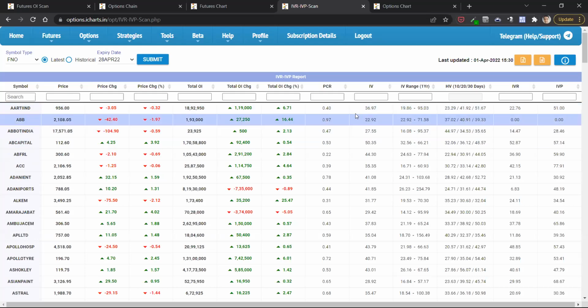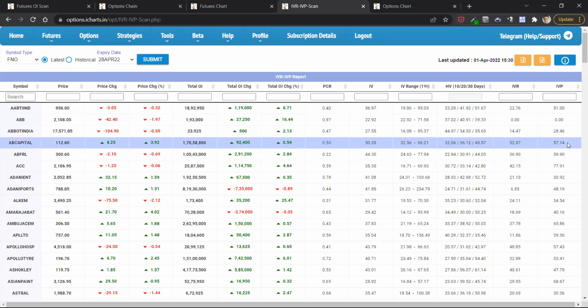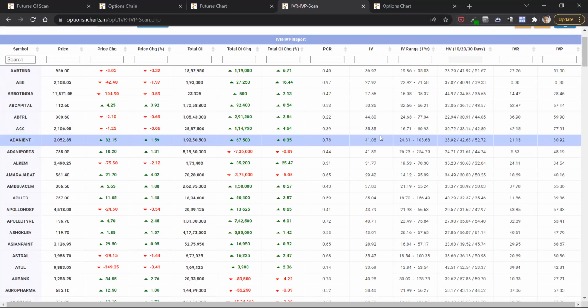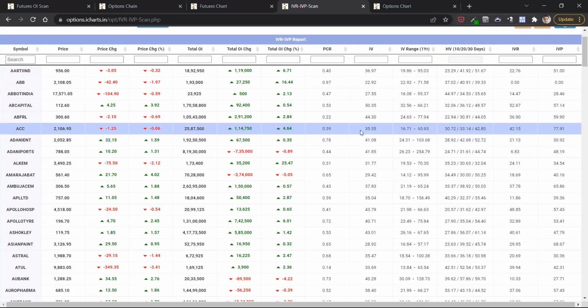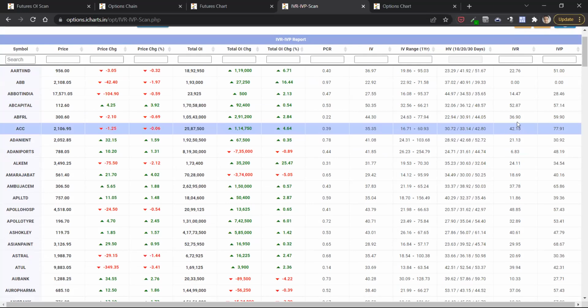So 50% basically indicates half of the readings in the last 1 year have been above 36, and approximately half have been below this. Now 77 says 77% of the time the IV has been above this value. And this 42 tells you that in this range, this is at the 42% level.